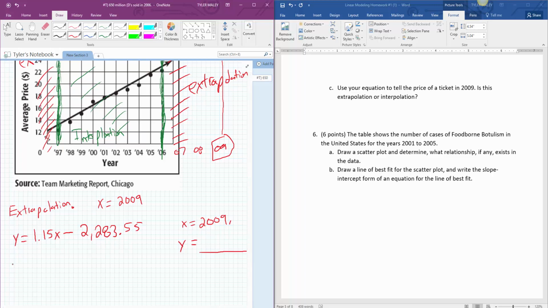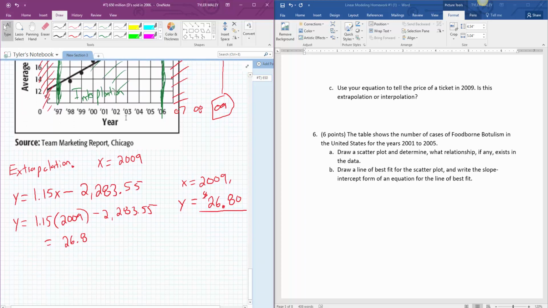I'll just plug this into my calculator: y equals 1.15 times 2009 minus 2,283.55, and you should get 26.8. So $26.80 would be the ticket price that we're estimating if this trend continues.